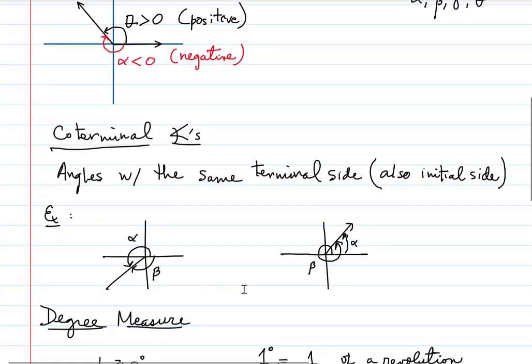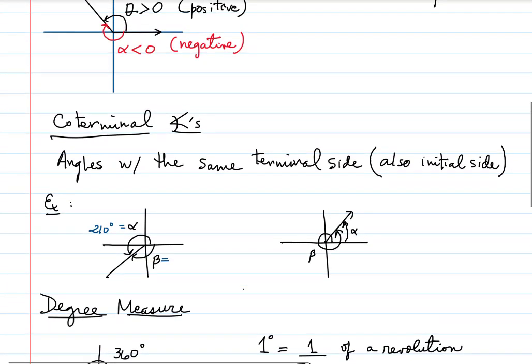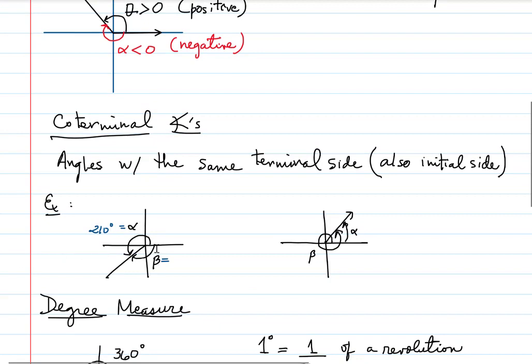Let's say this alpha is 210 degrees. What would this beta be? We just discussed that the whole revolution is 360. So if this whole thing is 210, then beta will have to be 150.